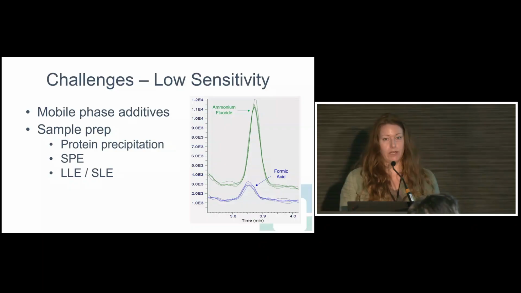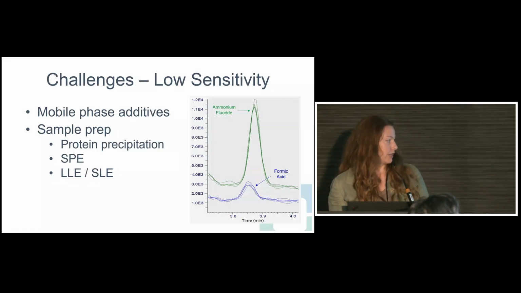We did evaluate several SPE products, but there's a lot of rinsing and washing steps, and these are increased chances to contaminate. So we really wanted to remove as many solutions as we could just to keep the process streamlined and keep everything clean. So we landed on liquid-liquid extraction, which we then eventually moved to SLE.